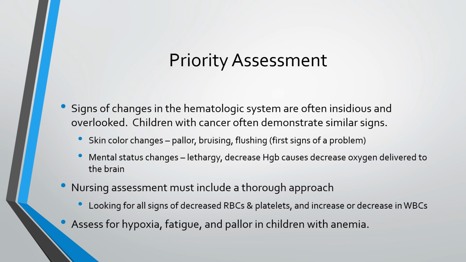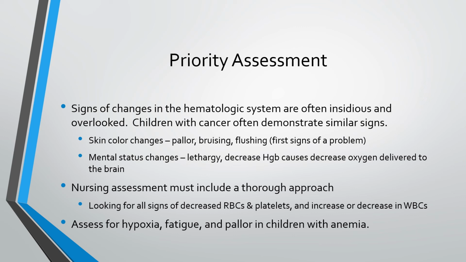A thorough assessment approach means that we're inspecting, observing the overall appearance and energy level of that child, and we're going to document all of those findings from head to toe. We're going to auscultate breath sounds, heart sounds, bowel sounds. We're going to percuss the abdomen, noting any presence of dullness, and palpate the liver.